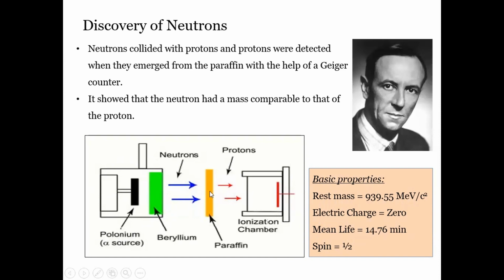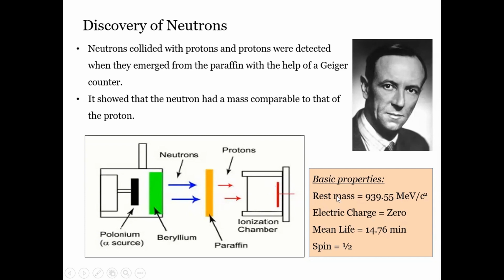So they are now hitting the hydrogen atoms in the paraffin, and from the hydrogen atoms the protons are getting knocked out, as the collision takes place between the neutrons and the protons, and basically protons are coming out. Then an ionizing chamber or some Geiger detector is placed in front of it, and the current is measured, or the counting is done.